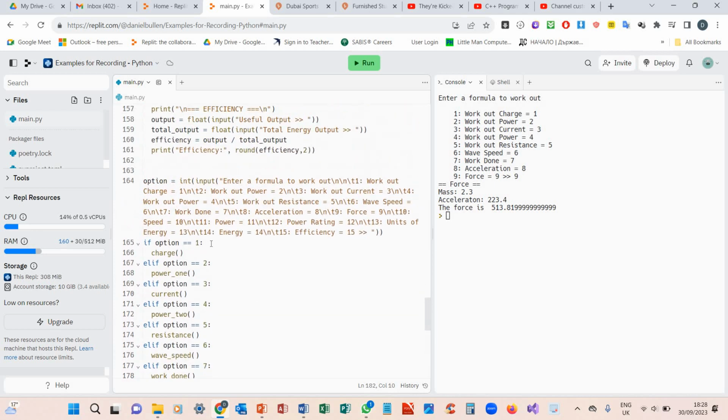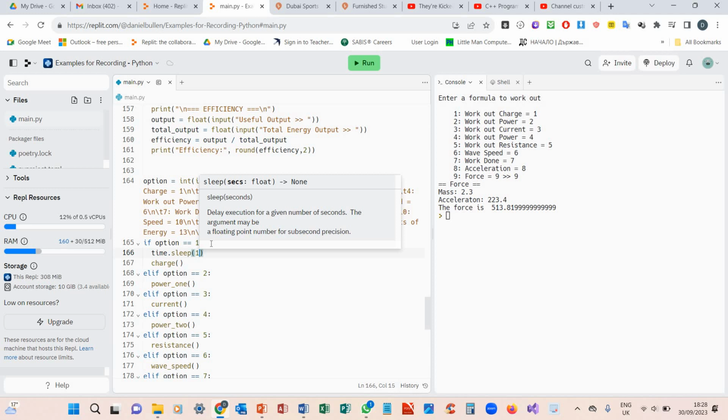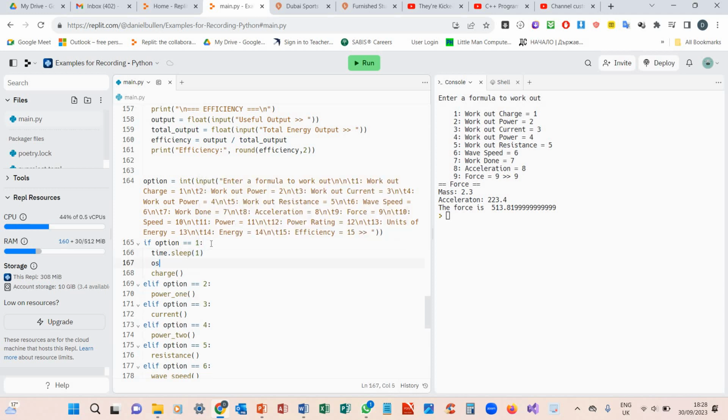And then what we're going to do in all these subroutines, we're going to do time.sleep. I'm going to do that for 1 second. Then we're going to do os.system, and we're going to clear. And let's just bung those in every subroutine, shall we?